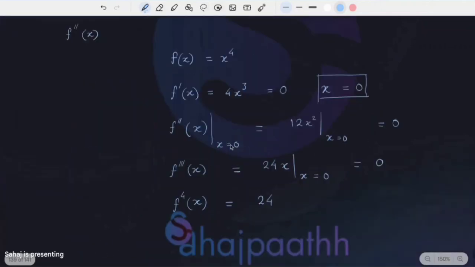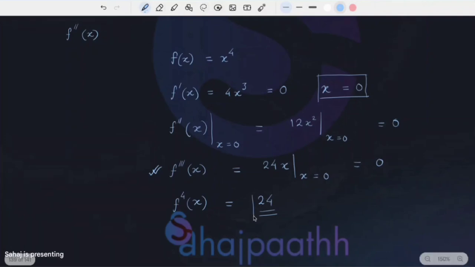How did we decide? Because the sign is positive. But what if we would have got 24 in the third step? Then we could not have said that it's a minima. So always remember this.